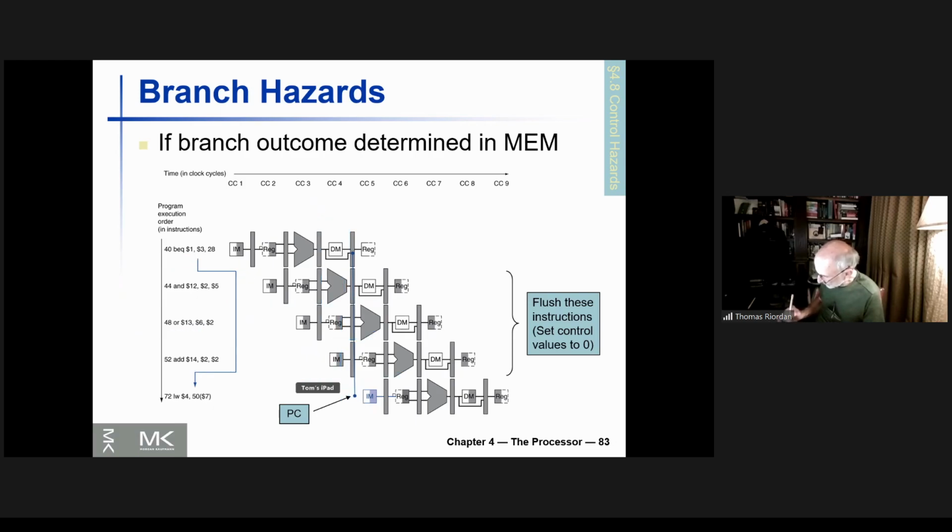And so that's the key point of this picture, that if we take the branch like this, we go to the branch target, then we have to throw away these 3 instructions. And that is an enormous penalty. And that's typical in modern processors, that you would have to throw away a minimum of 3 instructions.